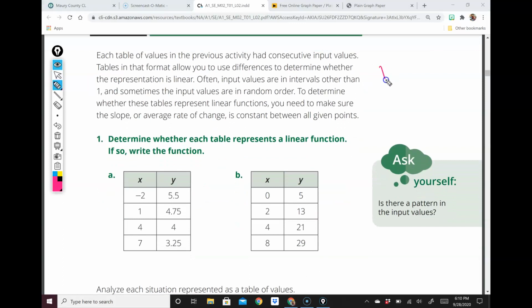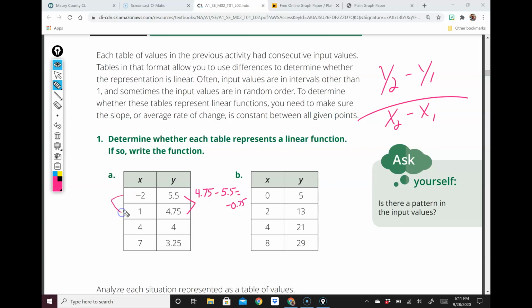Remember that your slope formula is your second y minus your first y over your second x minus your first x. So here, for table A, if I do 4.75 minus 5.5, that's going to give me negative 0.75, excuse me.